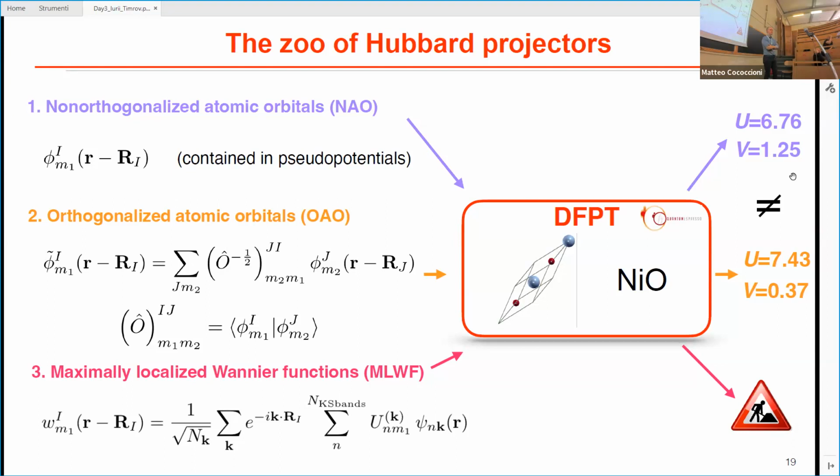I mean, to make localization more flexible and to avoid having to really find the projectors each time. So if your system likes to localize electrons on bonds, either you use the localizing function centered on bonds and you do U only, or you try to use the standard definition and the standard atomic space, but in a sense, if you have a U only on bonds and you rewrite everything in atomic basis set, you get on-site terms plus something else, and we assume that the next important term that you get is the one captured by the V, the intersite.